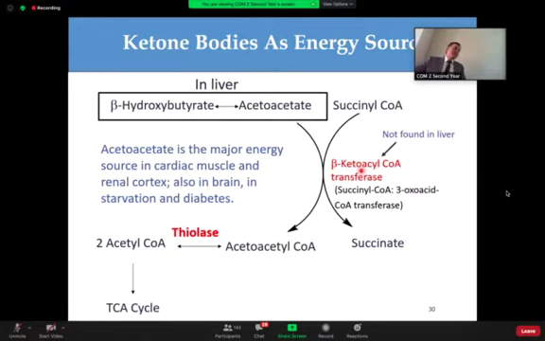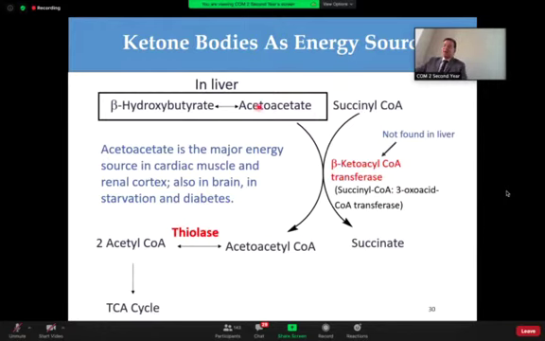Another name you'll find in most of the textbooks is succinyl-CoA 3-oxoacid-CoA transferase. If I were to ask which enzyme, these are two names for the same enzyme, which is succinyl-CoA transferase, because it converts succinyl-CoA into succinate, acetoacetyl-CoA through thiolase to acetyl-CoA, TCA cycle.